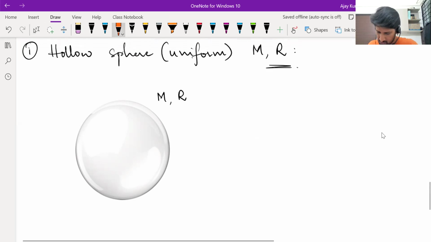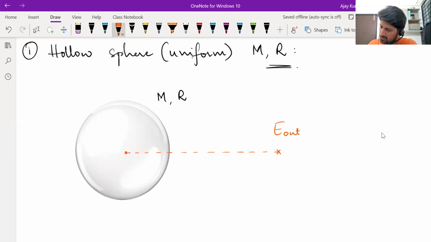Now, when it comes to spheres, the formula for gravitational field that they create will be different when you want field inside the sphere and when you want field outside the sphere. But it's very easy to remember. Suppose you want to know how much field this sphere creates at a point outside.